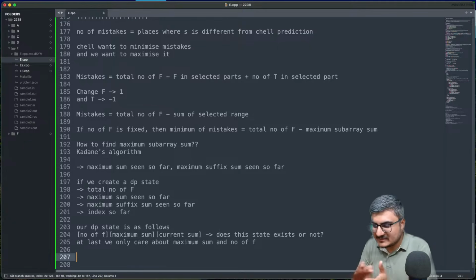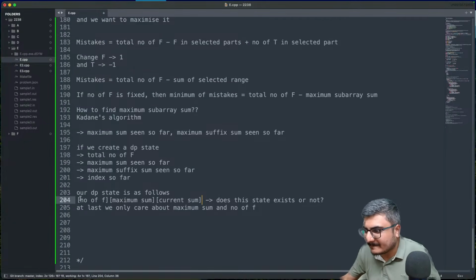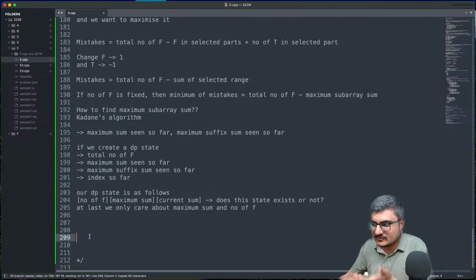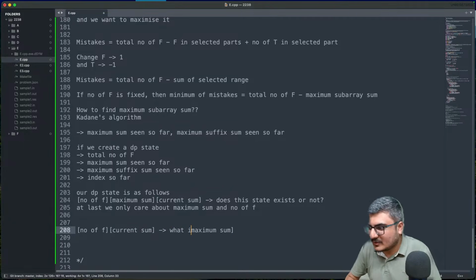So the idea is we can change this DP state a bit, because number of f, current sum, what is the maximum sum possible?